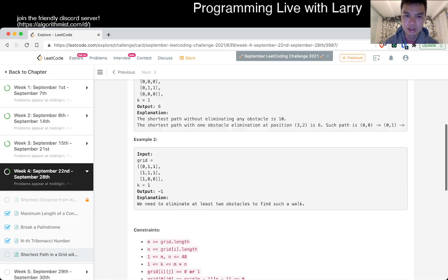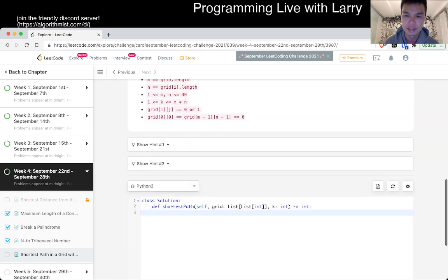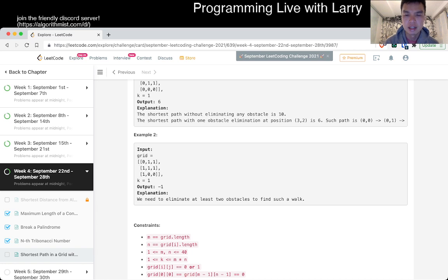As long as you're not doing anything really funky, it should be okay. Let me also think about it for a second. I'm just trying to think whether you only need to visit each cell once, but because you can get to the same cell with a different k, then you may do that. Okay.